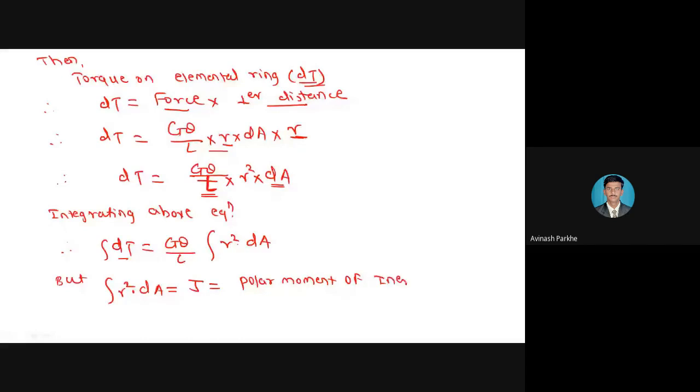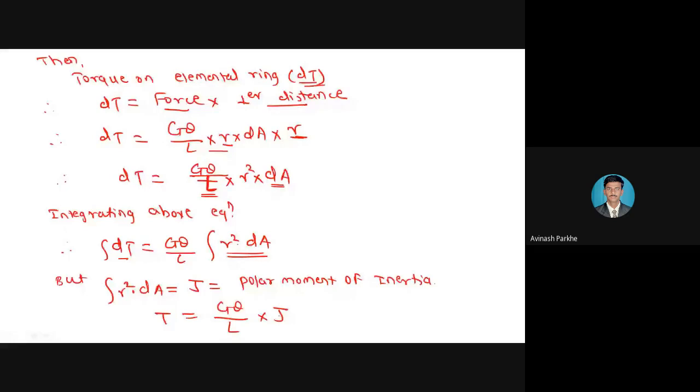Whatever this term is present in that equation, integration of r square into dA is equal to the polar moment of inertia. Integration of dT, what will you get? You will get the capital T. G theta by L is the constant, and integration of r square into dA gives J. That is, capital T is equal to G theta by L into J, where J is called the polar moment of inertia.